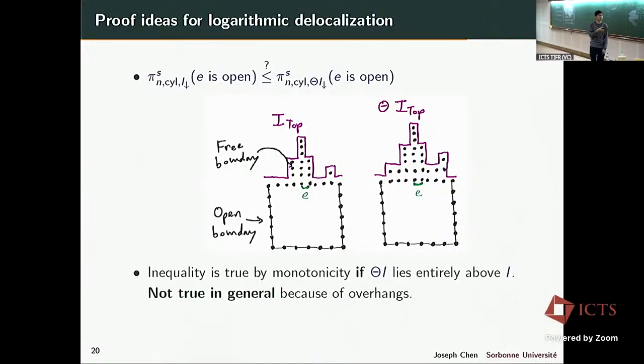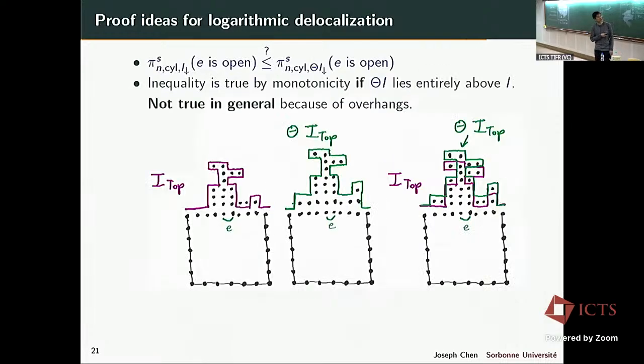Now, by monotonicity, the inequality that I want to show is true if these two subgraphs are comparable, in the sense that if the graph on the left is entirely contained in the graph on the right, then this is just true by FKG, because my free boundary condition is further away on the right. So that's more positive.